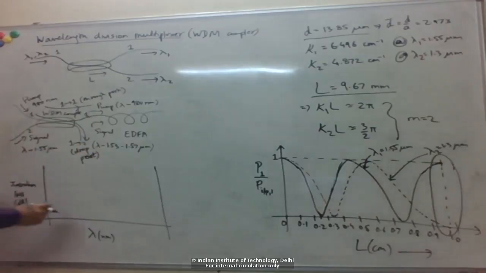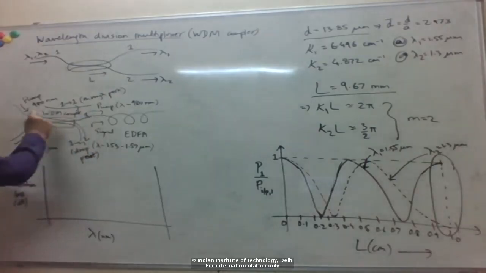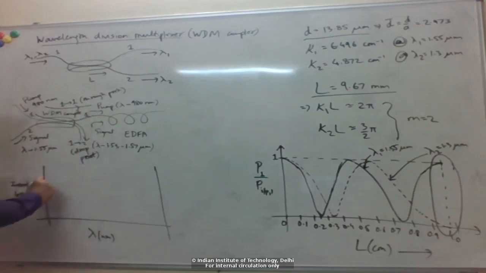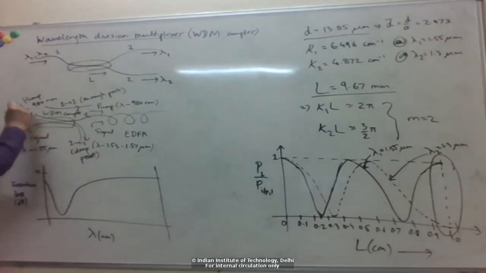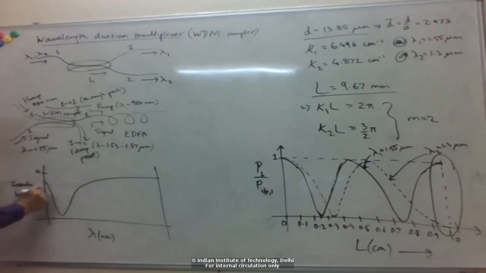Right, so we can plot basically the power in the through port and the drop port as a function of wavelength. So the through port looks something like this. The loss is very low at this 980 nanometer wavelength because we want that to go through. Okay. So put some numbers here.